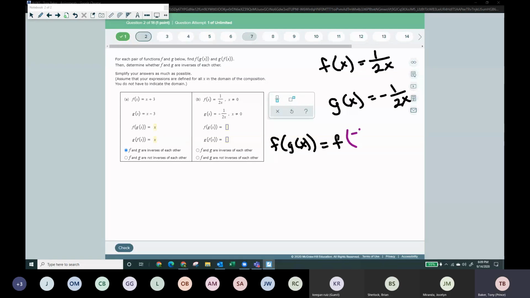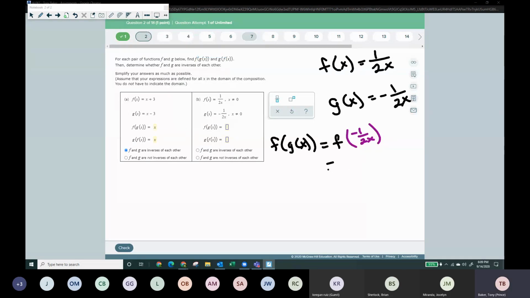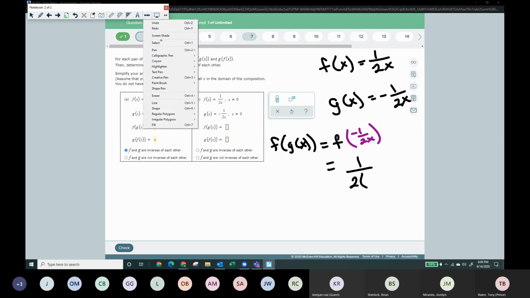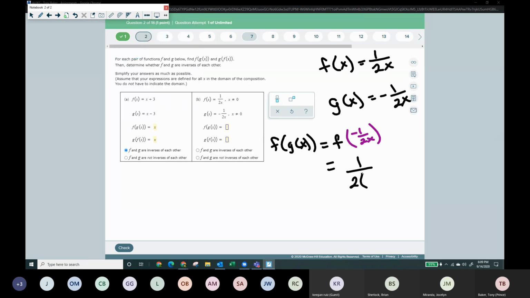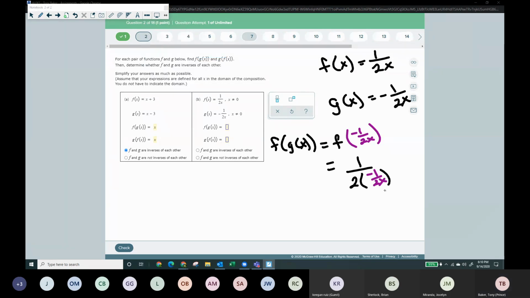And I'm going to plug in negative 1 over 2x. So I have 1 over 2 times negative 1 over 2x. So we're plugging it in to where that part is.